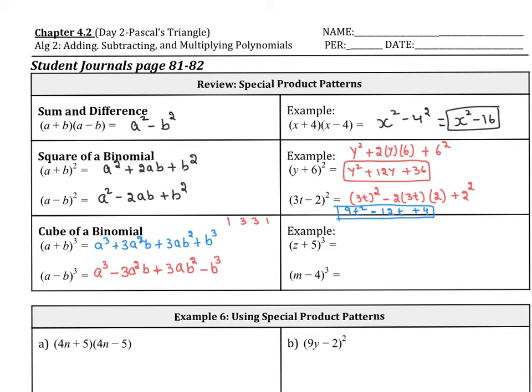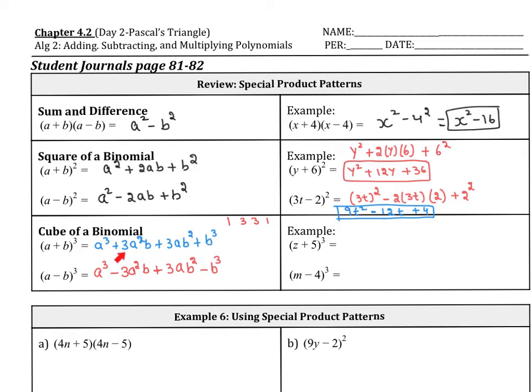And you start with the highest degree of a, a cubed, and a squared, then a, then no a. And here you start with the lowest degree of b, which is no b, and then b squared, and then the highest degree of b, which is cubed.